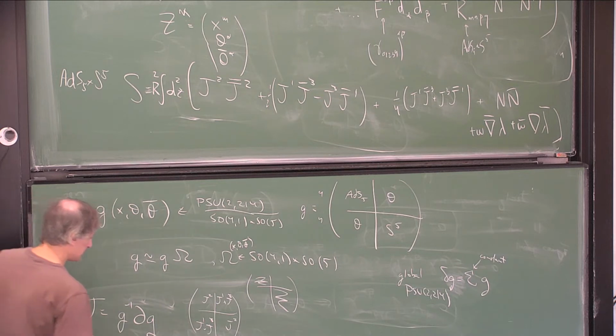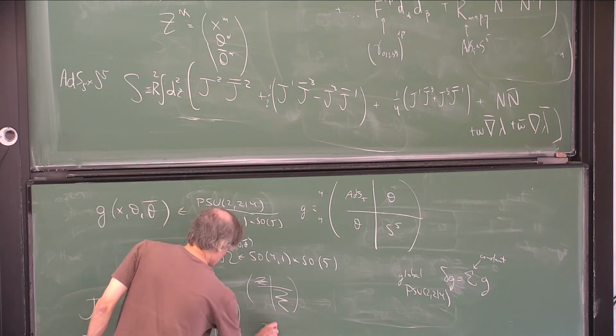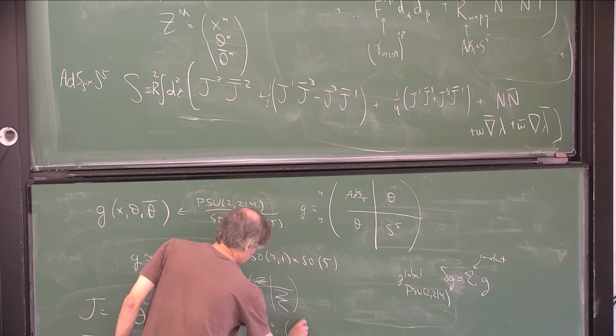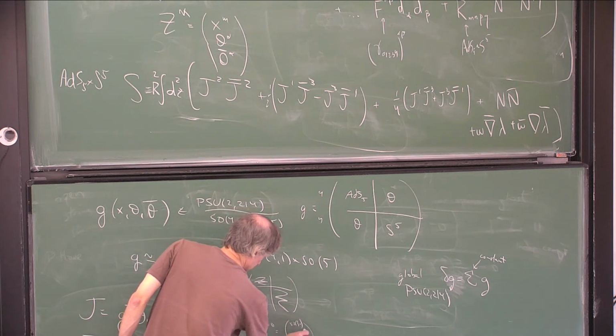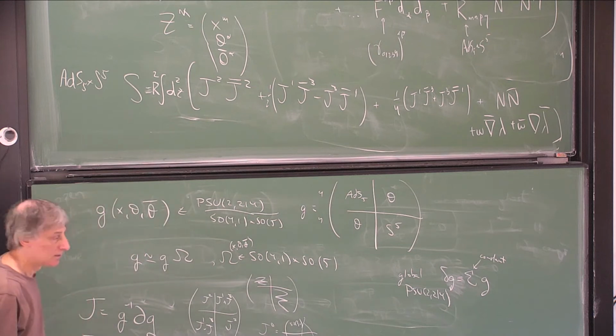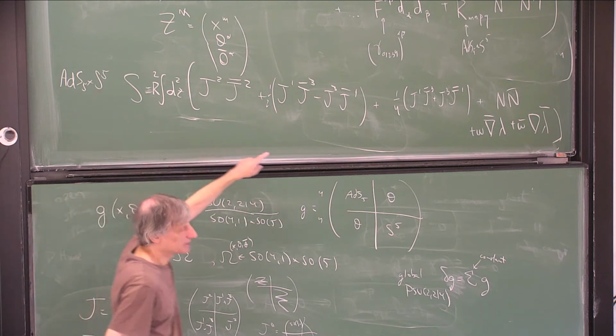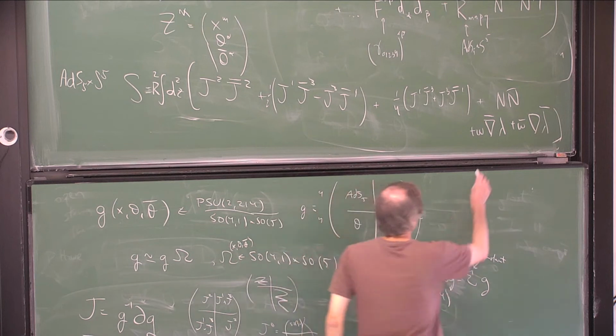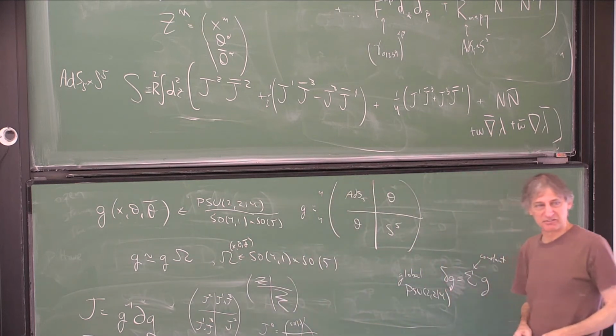That's right. And J0 is the elements in the SO(4,1) times SO(5). Where was J0? So J0 doesn't appear in the action. It appears, sorry, in the covariant derivatives.